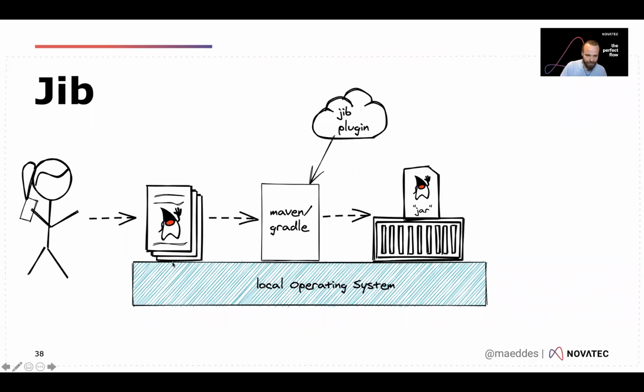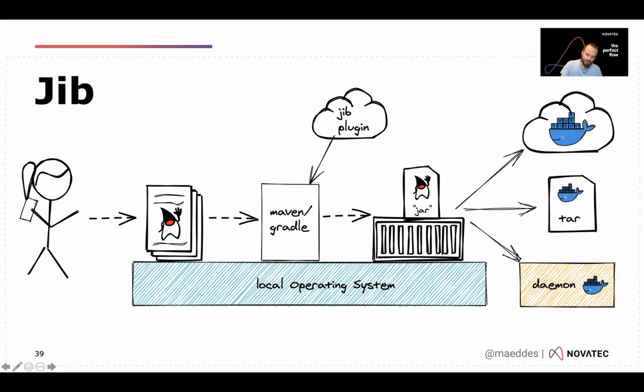If you have your Java source, in the previous versions we always had to build the Java source before we could put it into an image, or do the build step within the image. Now with Jib, you run your Maven or Gradle to build the jar file, and out of that comes not just a jar file, but a containerized jar file. You run that either in your pipeline or in your local OS or wherever you have your Maven installed. You can even do that in a container, of course.